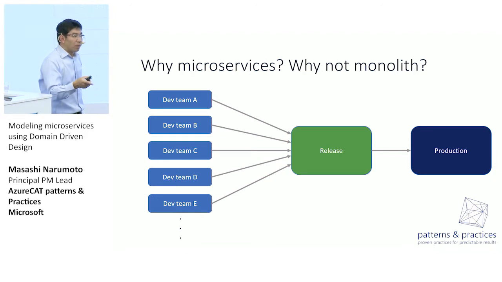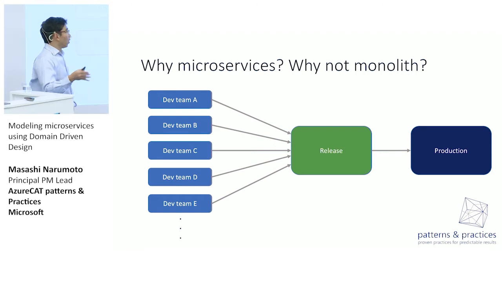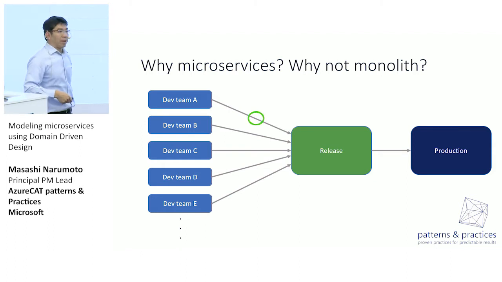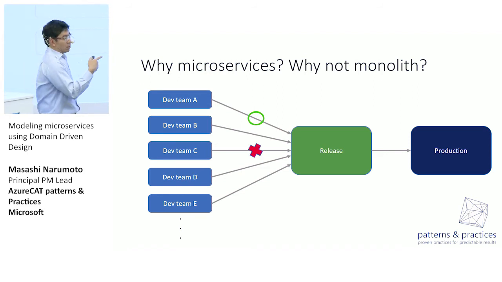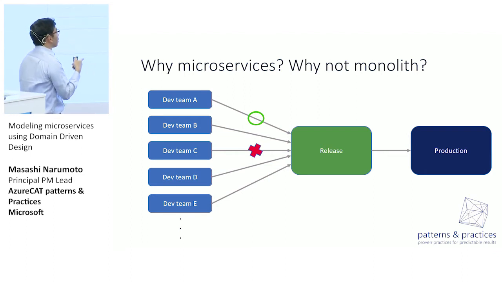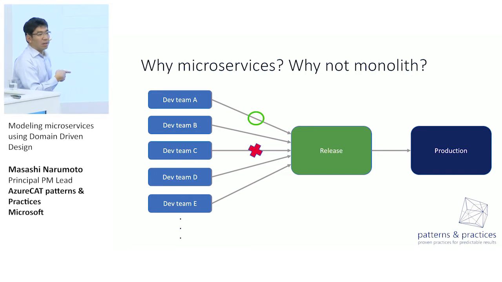That's the problem. That's a problem of the monolith. That's a problem of 3-tier architecture. And this is why we are moving to microservices. Even if team A doesn't cause any compile error this time, there may be some implicit dependency between A and C. For instance, C using a data schema defined by team A, but team A changed that data schema without telling team C. These things will happen a lot of times, right?